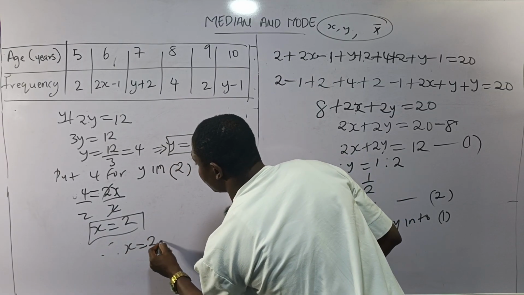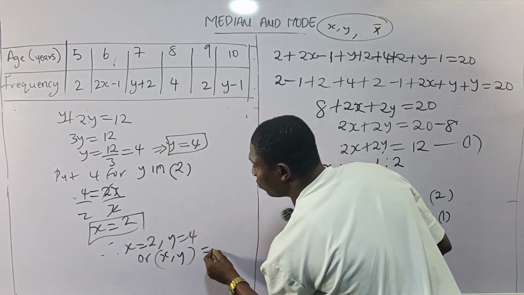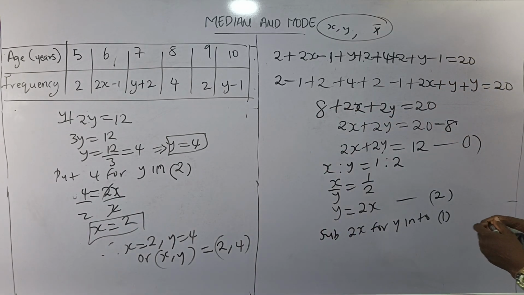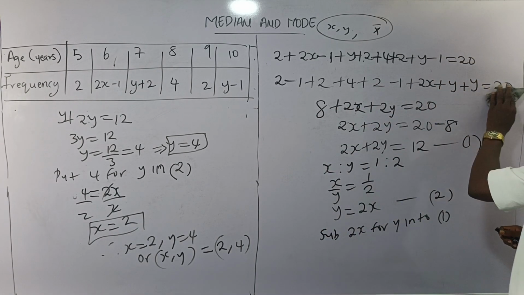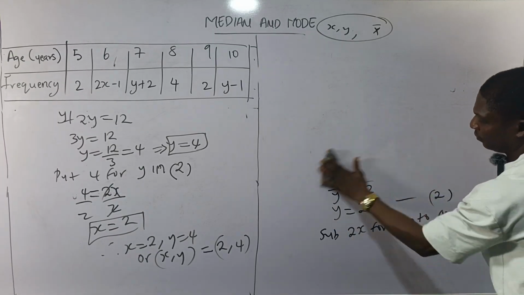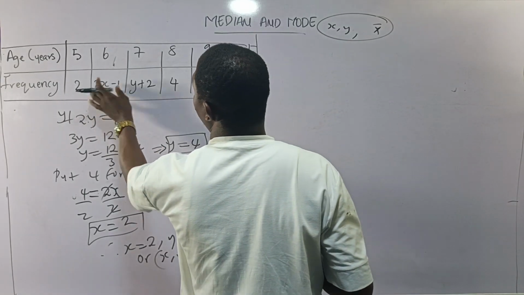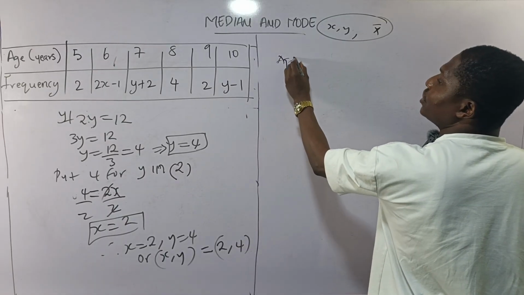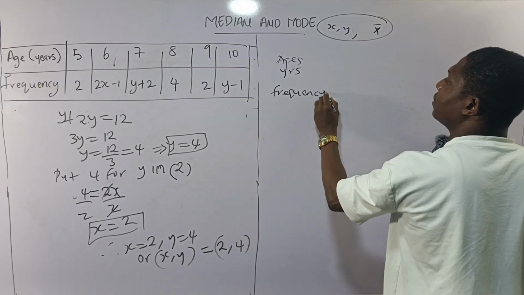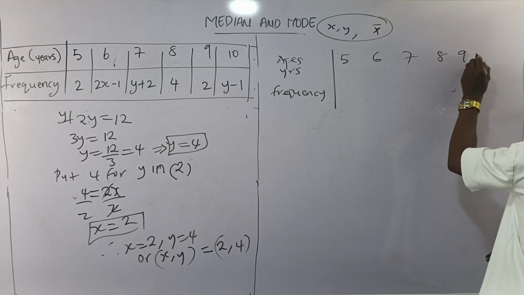Therefore, x is equal to 2, y is equal to 4. So I've gotten my x and y. Now, if x and y are known, I can therefore get my main table. So I therefore have ages in years and frequency. So I have 5, 6, 7, 8, 9, 10.